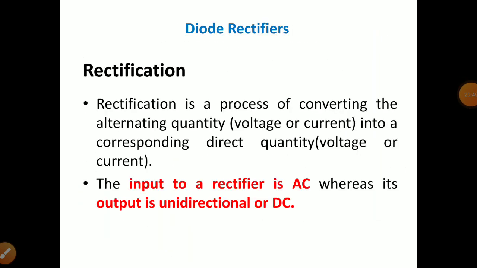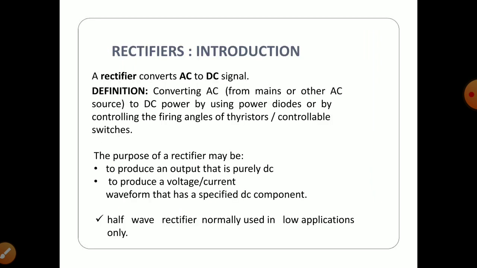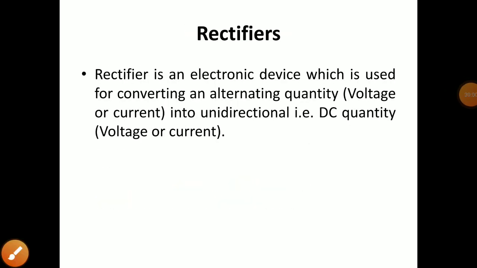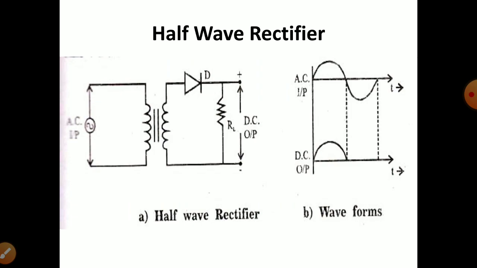So in this class, what we discussed is what exactly rectifiers are and what the types of rectifiers are, the definition of a rectifier, what rectification is, and the need of rectification, why rectification is needed. Then half-wave rectifiers in brief, the operating principle of half-wave rectifiers.